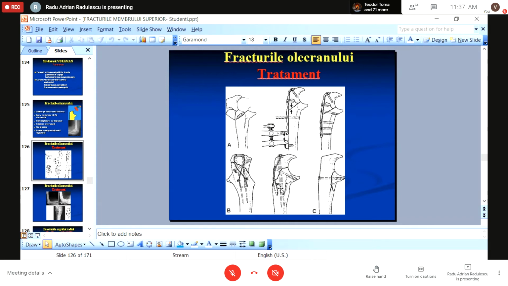So we can allow the patient to start the physical rehabilitation the next day after surgery. And these compression forces will be very favorable to union of the bone. You know that compression forces are always favorable for the union, and shearing forces are unfavorable for the union of the bone.